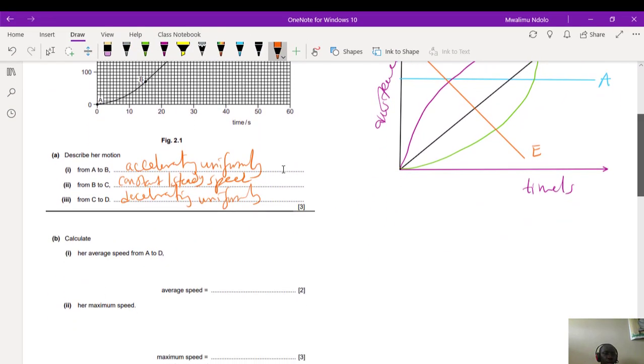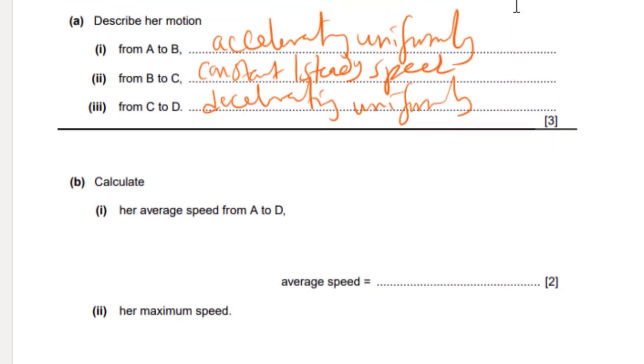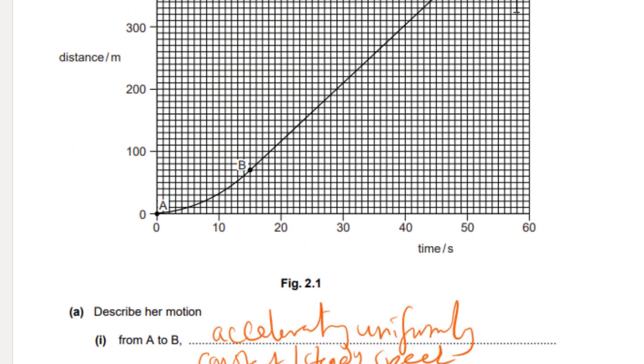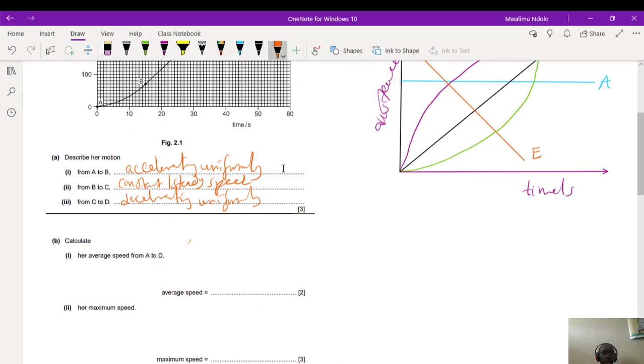Now, part B, we are asked to calculate the average speed from A to D. What we know is that average speed is given by total distance over the total time taken for any given journey.